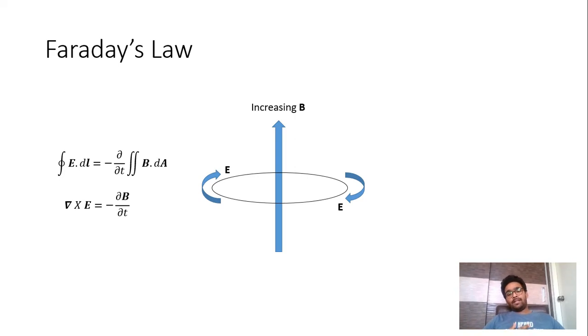That is the great discovery. It's a mind-boggling discovery. So the third Maxwell equation is connecting the electric field and the magnetic field.